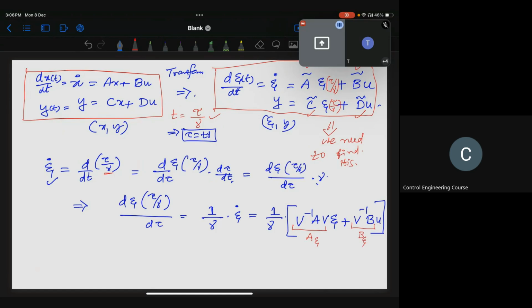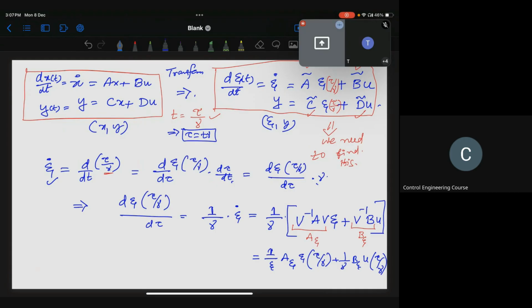A zeta and B zeta. Now we can write this one as 1 by zeta A zeta, zeta of tau by gamma, plus 1 by zeta B zeta, again u also in terms of tau and gamma, because in u of t, t is nothing but tau by gamma.